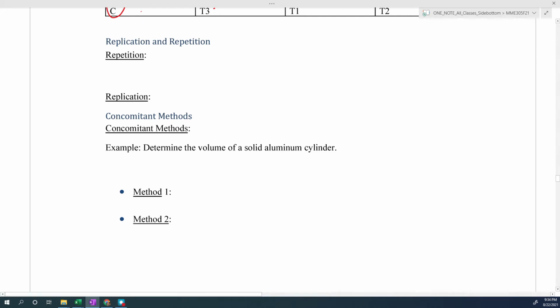Replication and repetition are ways that we can evaluate whether or not our measurement is accurate and improve the accuracy of our measurement. What repetition means is that you increase the number of measurements, and you do that to improve the sample size.